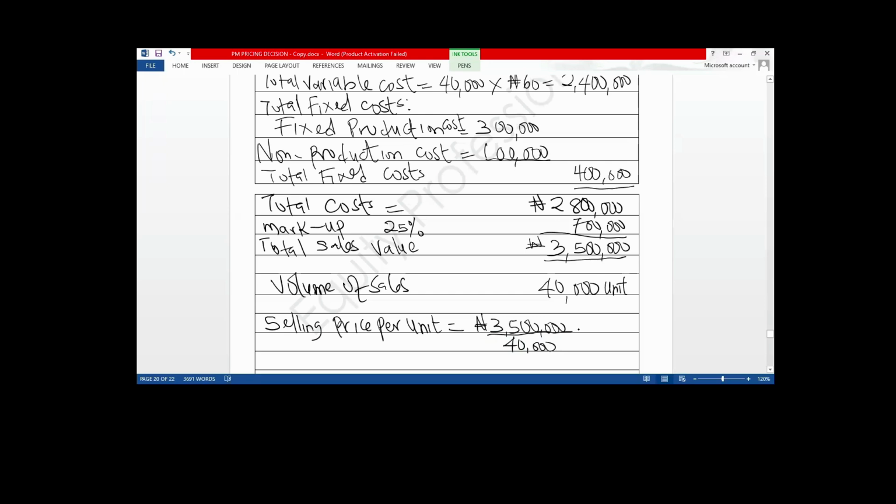Please, what do you have here? 87 naira 50 kobo. So if the company uses full cost plus pricing method, then the selling price per unit will be 87 naira 50 kobo.